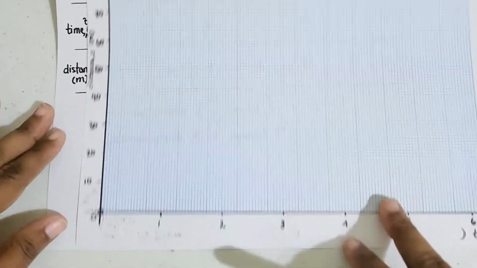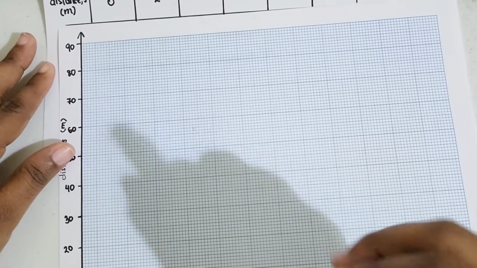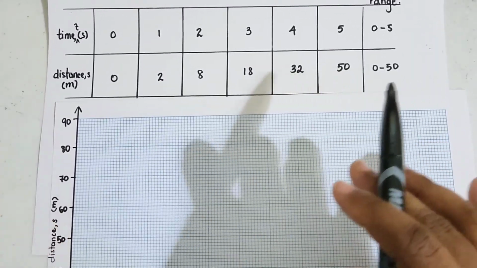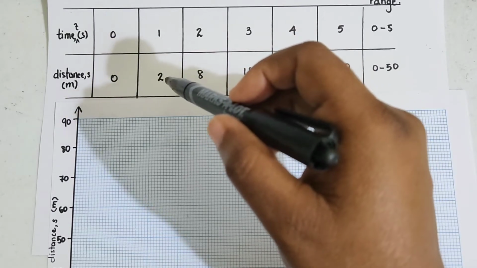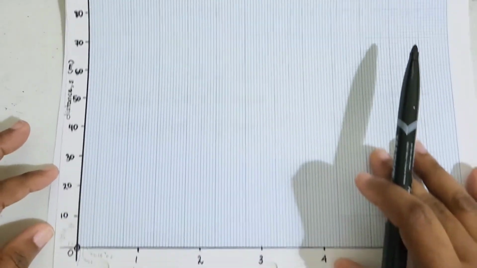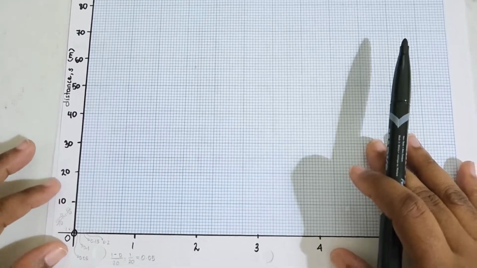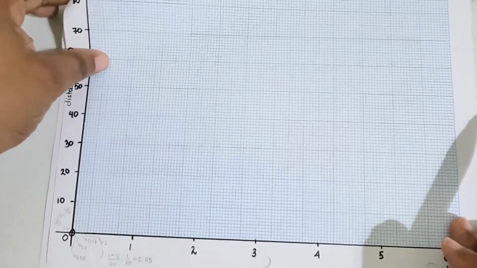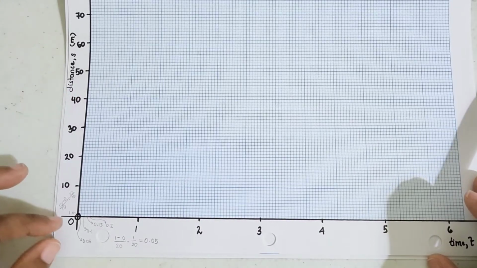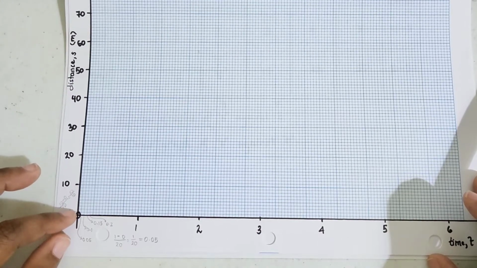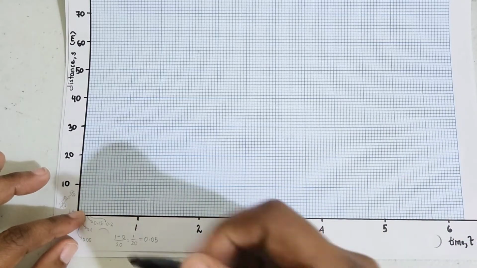That's the first point. The second point shows that when distance is 2 meters, time is 1 second. So we look for when distance is 2, and distance is on the y-axis. So when distance is 2, which is right here, we said the time was 1 second.